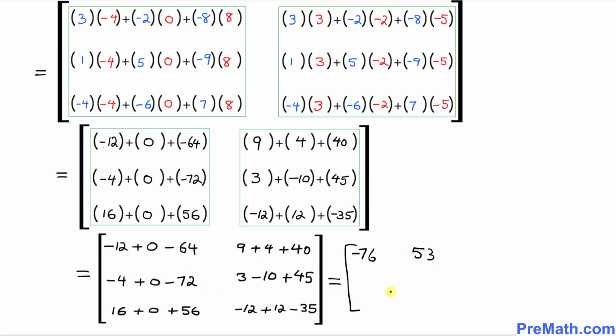This one is going to give you negative 76 as well. And over here, that's going to give you 38. And over here, that's going to give you 72. And the next number is going to be negative 35, since the 12 and negative 12 cross out. So this is our answer matrix.